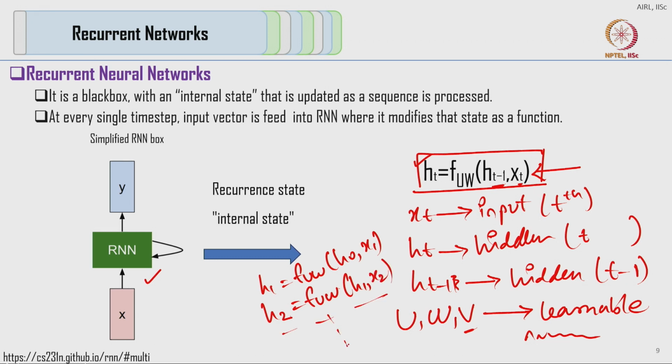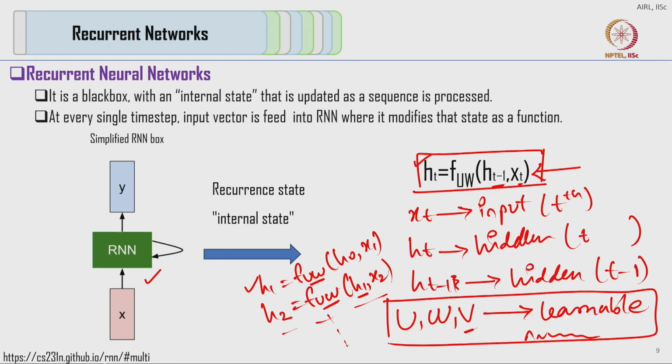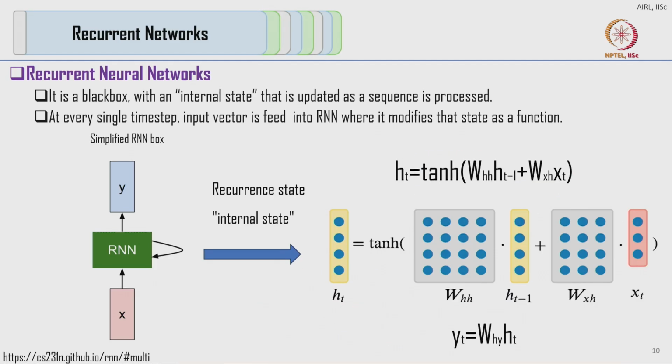It is a recurrent relationship because h1 can again be written in terms of the first equation. However, we observe that the learnable parameters across this network remain the same. So u, v, w, which are the learnable parameters, remain the same throughout the whole unrolled RNN as well.